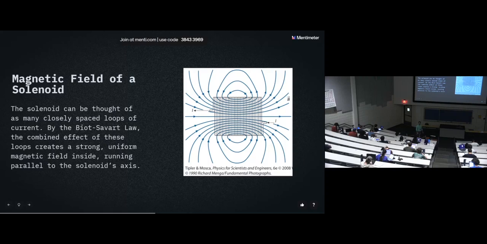If you've ever heard someone use the term electromagnet, generally what is going to be used as the electromagnet is going to be a solenoid. Because what we get here and what you can possibly see is that the magnetic field that's generated from this looks like the magnetic field of a bar magnet. So what's the benefit of using an electromagnet that looks like this over a bar magnet?